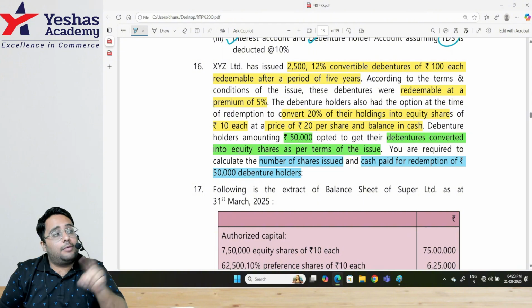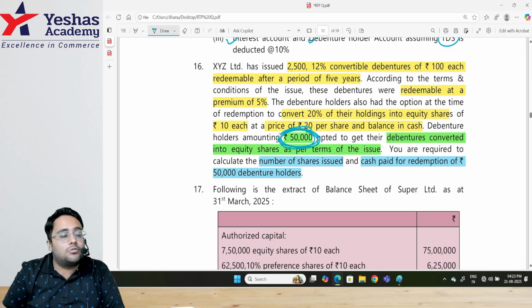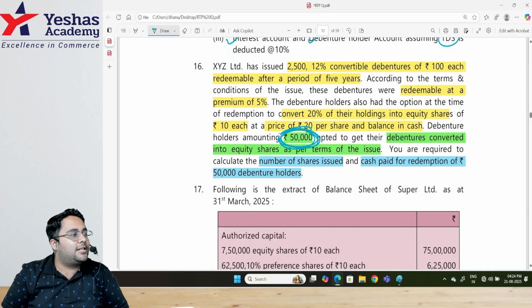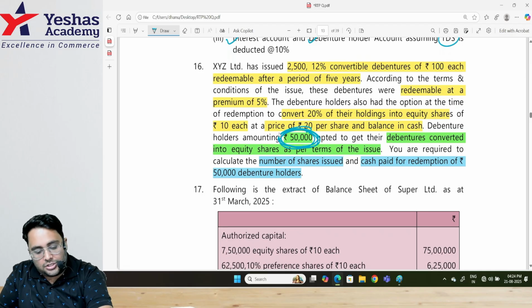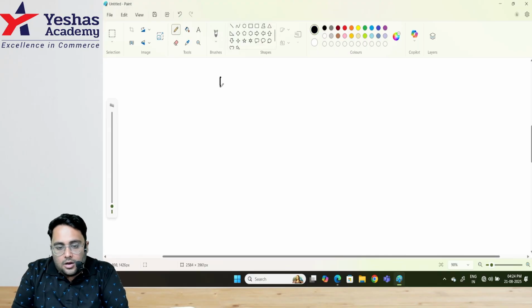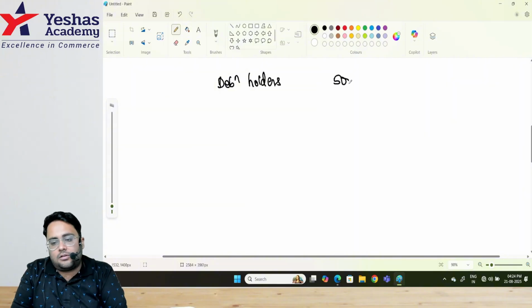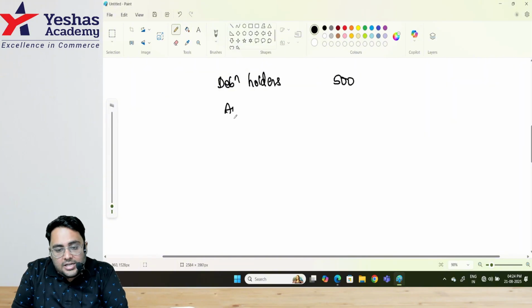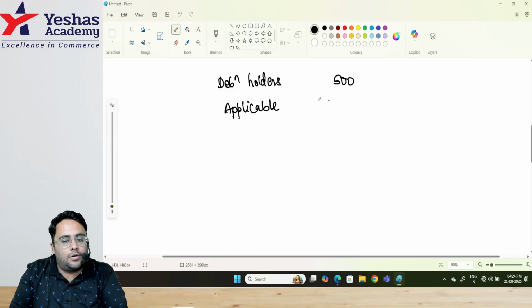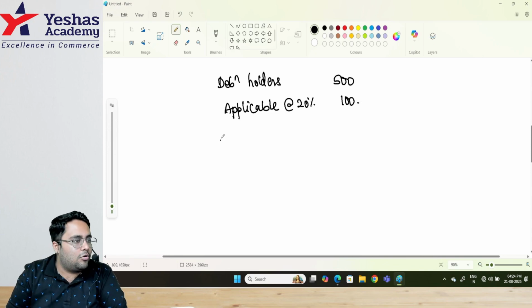How many debenture holders choose for conversion? They have not given the number of debentures. They say 50,000 worth of debentures. That means how many debentures? 500 debentures. Debenture holders opting for conversion is 500. How much is eligible? 20%. So in that applicable at 20%, can I say 100? Agree, yes or no?